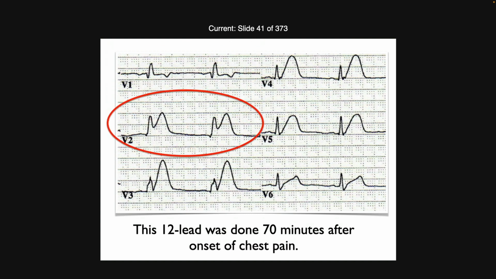And we have ST elevation in V2. Now what we're going to look at is how did V2 develop, what was its progression? We're going to look at 30 minutes after the onset of chest pain, then 45 minutes, then we're going to come back to 70 minutes of V2, okay?